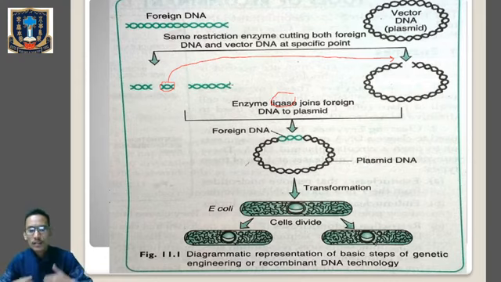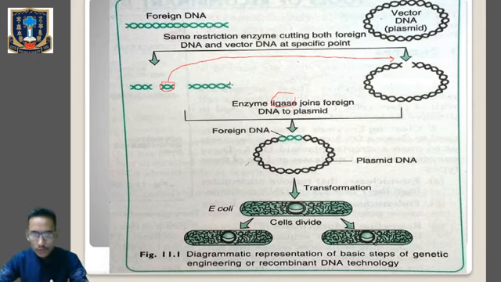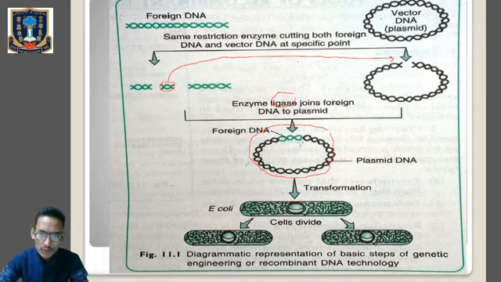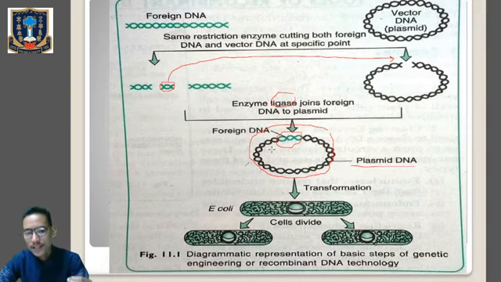So finally a new DNA will be produced having the DNA from the foreign source and the DNA from the plasmid. This type of DNA is known as recombinant DNA because it has the DNA from 2 different sources, one from the foreign DNA and another from the plasmid DNA.